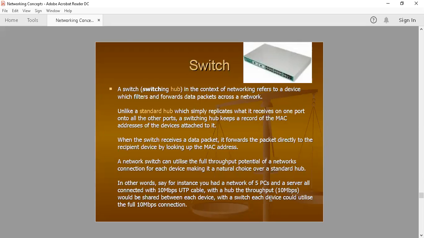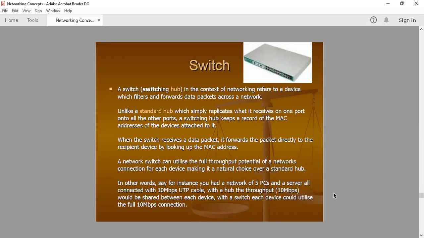A network switch can utilize the full throughput potential of a network's connection for each device, making it a natural choice over a standard hub. To explain in other words, say there is a network of 5 PCs and a server all connected with 10 Mbps UTP cable with a hub.